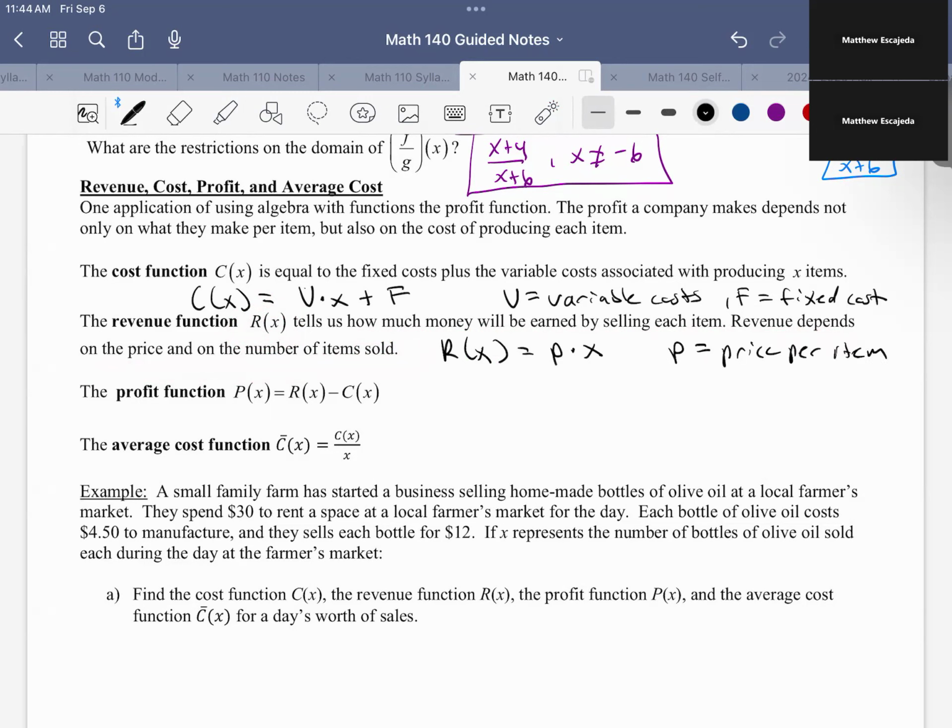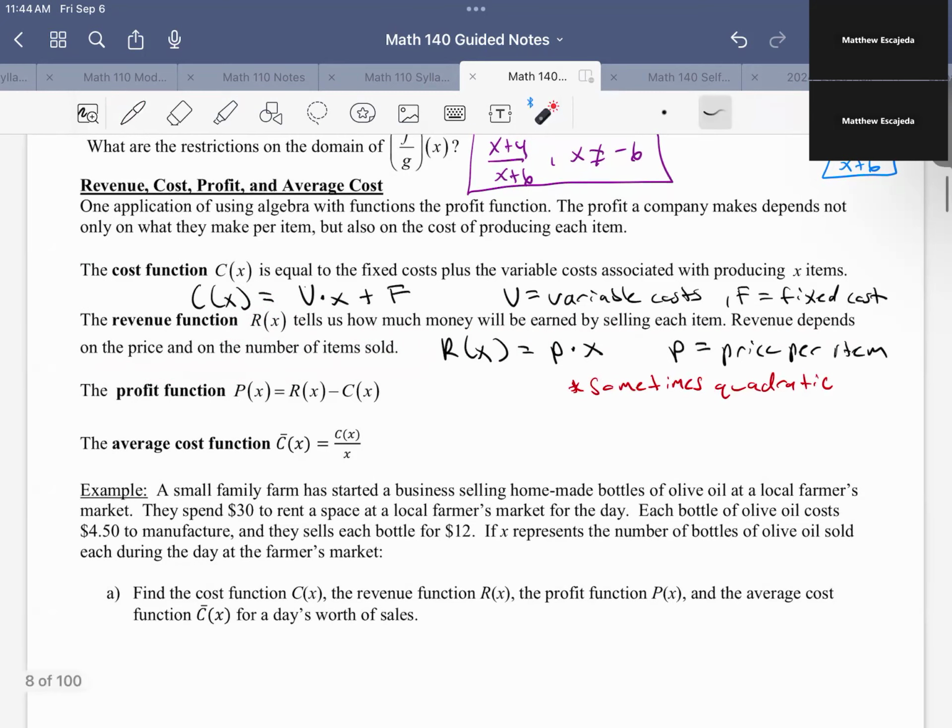And X is still the number of items. X will always just be the number of items in these definitions. Sometimes this is quadratic, meaning like X squared plus something X, things like that. So just keep an eye out for that.